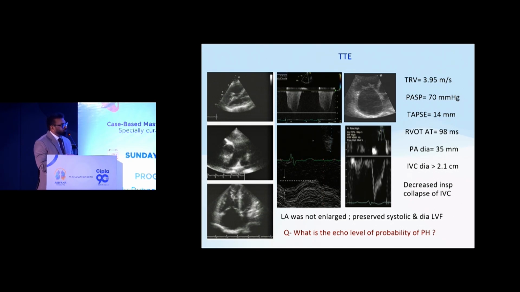In patients who have significant tricuspid regurgitation, the TAPSE may actually be preserved, and it may give you a false sense of comfort. You have to look at the whole right ventricular global function as opposed to only a longitudinal function. The TAPSE tells us what is the longitudinal excursion of the tricuspid annulus.